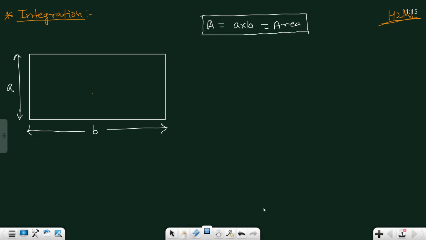But you can draw a strip. एक strip भी बना सकते हैं. We can draw a strip on this rectangle, and you can analyze that this rectangle is made up of so many thin strips like this.